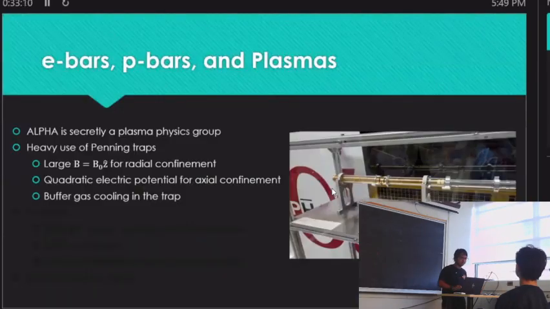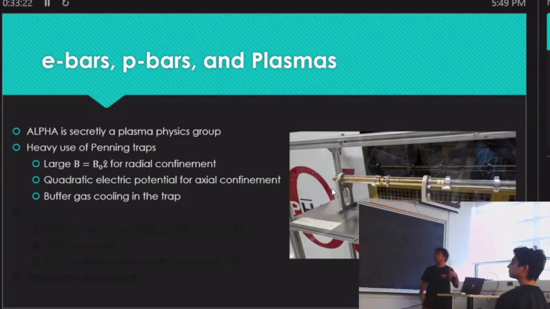So where do we begin? We're secretly a plasma physics group, because the collections of charged particles that are positrons or p-bars are essentially plasmas. And so we use Penning traps, which you can see a sort of mock-up of one here. It's a series of electrodes, where you can apply a separate potential to each single electrode.